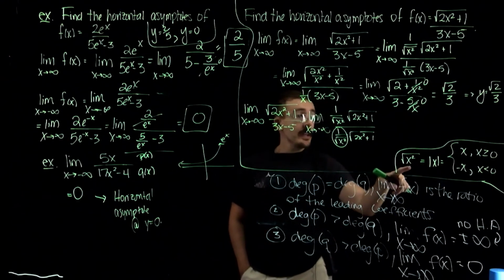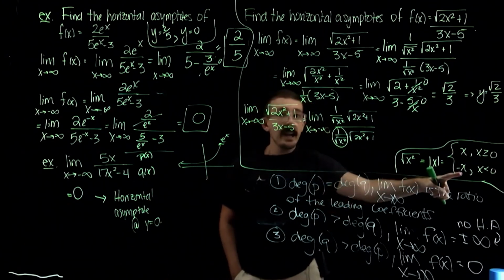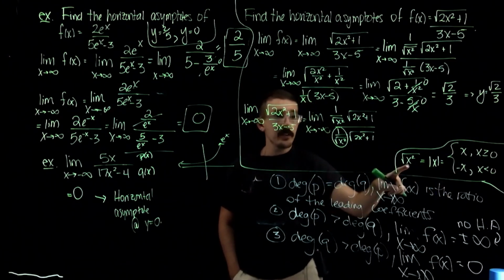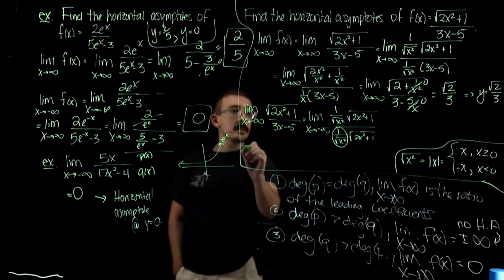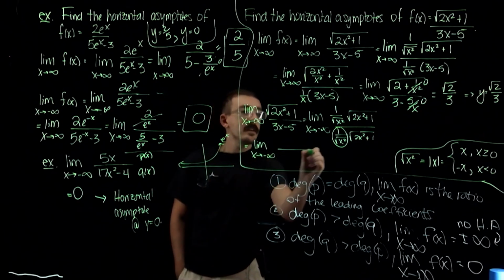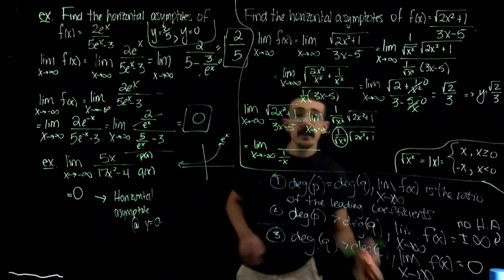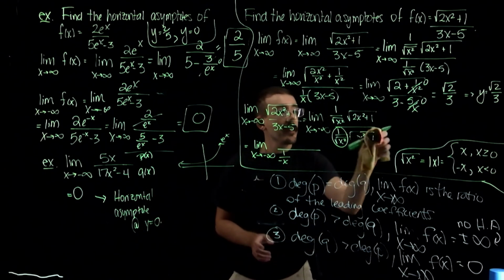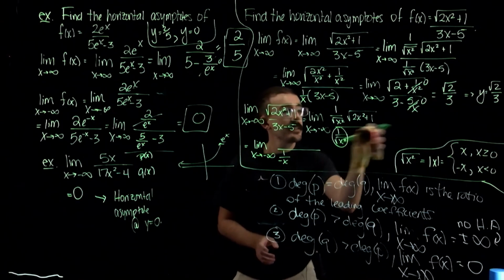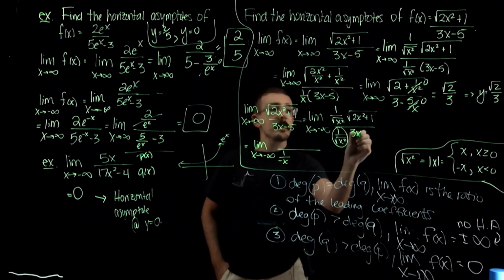So here, when x is negative, like we're dealing with this limit, you get negative x for this value. So that means this is equal to the limit as x goes to negative infinity. The denominator is 1 over negative x. I realized I just made an error. I'm so sorry about that. This is not my original function. It's this right here, 3x minus 5.